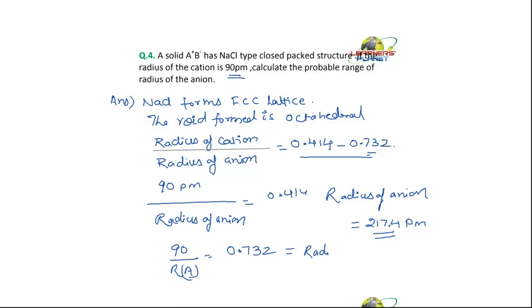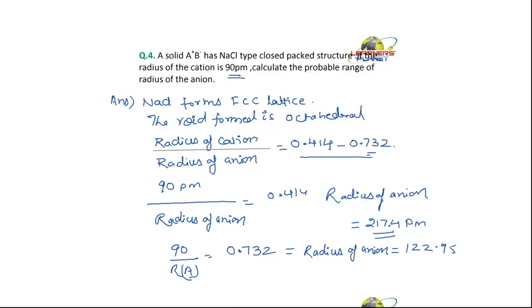Now the radius of anion is equal to 90 divided by 0.732, that is 122.95. Right?